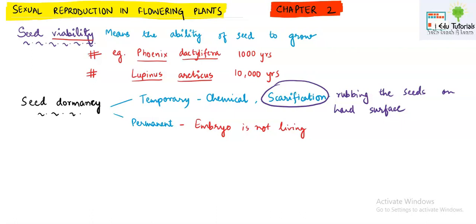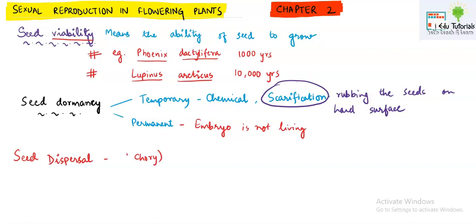Now, once seeds are formed, of course, seed dispersal is also very, very important. Seed dispersal means the transfer of the seed from the place where it has formed to the place where it has to grow. For dispersal, we always use a suffix that is known as chory.